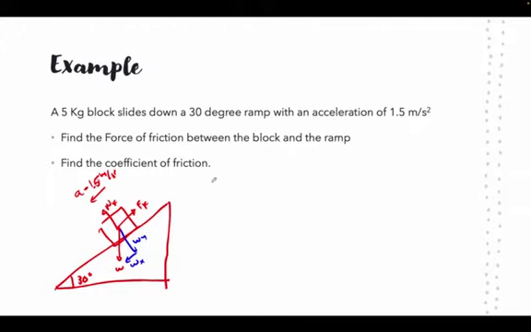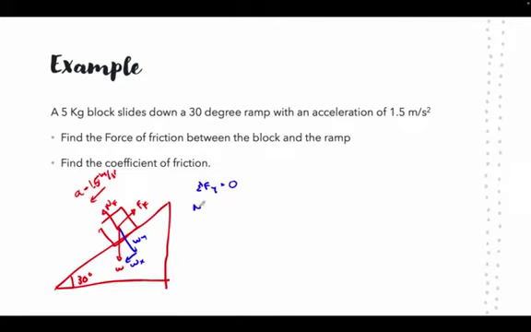All right, so now let's analyze this. The sum of the forces in y is going to be equal to 0, because our block is not moving away from the ramp, it's moving down the ramp. So vertically speaking, our forces are 0.